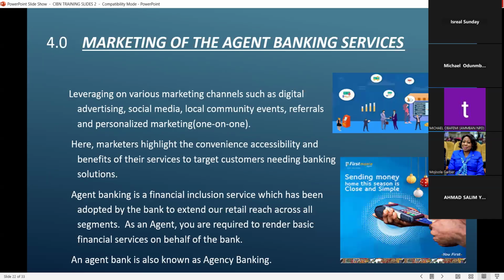Agent banking is a financial inclusion service which has been adopted by the banks to extend our retail reach across segments. Of course, what is agent banking all about? It's all about people offering support services to the bank where the banks cannot reach. There are some local governments, some towns that banks cannot get to.